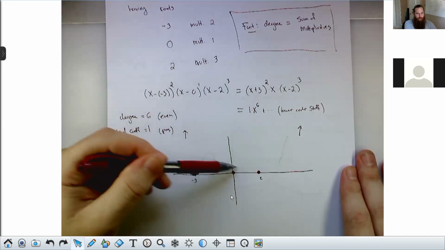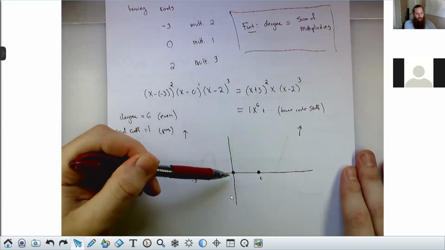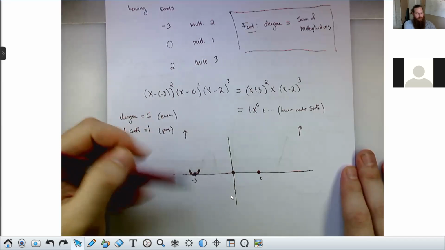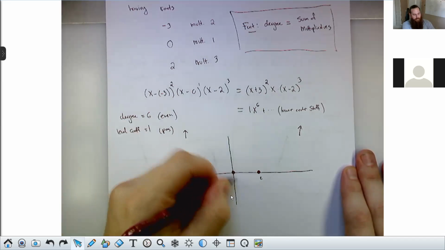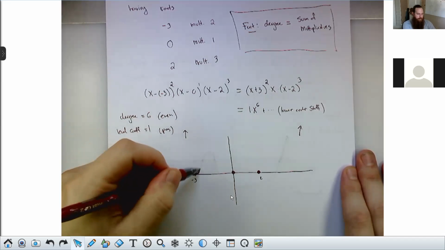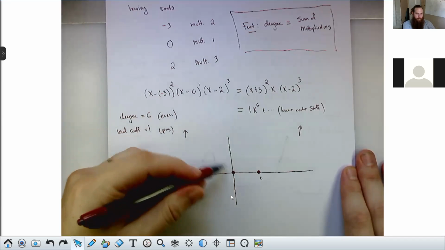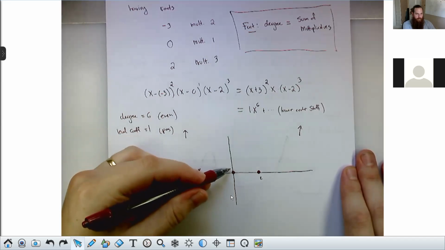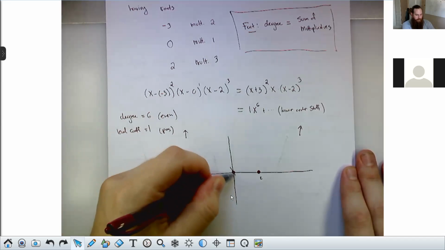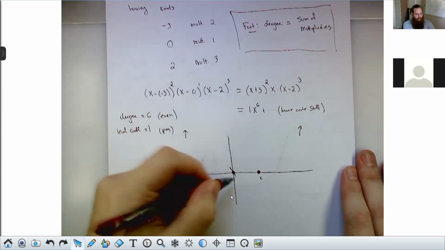The root at 0 is of multiplicity 1. So he has to be a cross. It's either going to be like this or like this. Since I leave this root positive, I have to arrive at this root positive. So it has to cross like this.